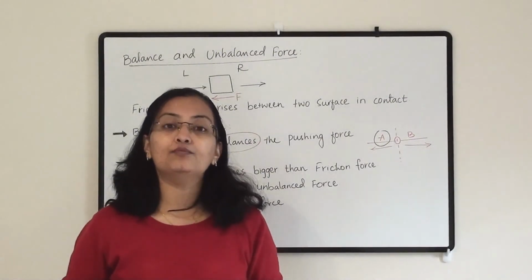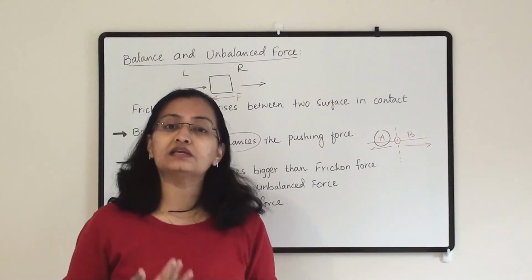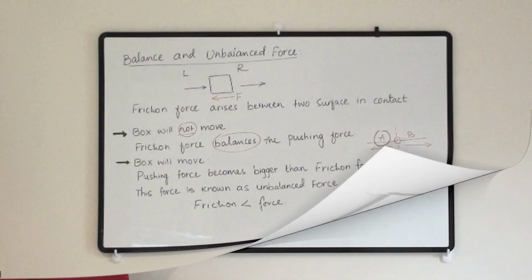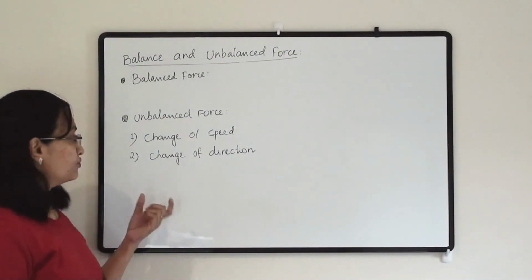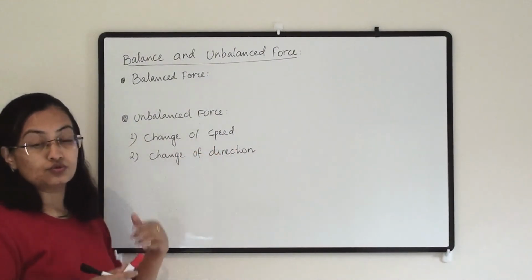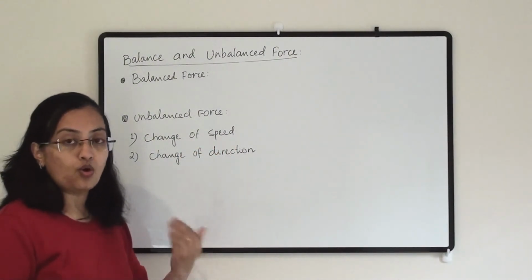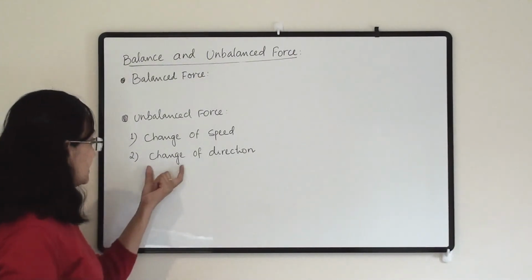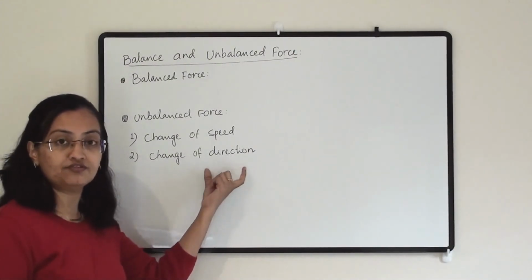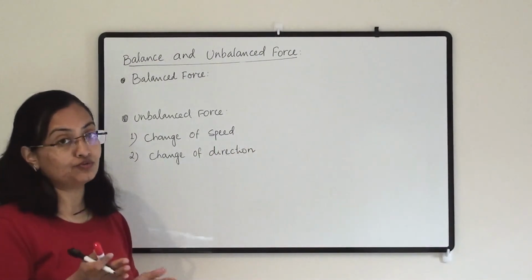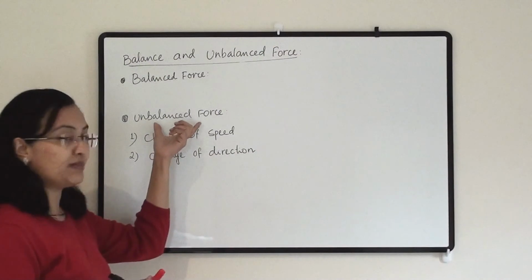So with the help of unbalanced force, what all things can we do? With unbalanced force, we can change the speed of any object. Either we can increase the speed or we can decrease the speed by unbalanced force. Then change of direction: if it is coming from one particular direction, we can change its direction of motion with the help of unbalanced force.